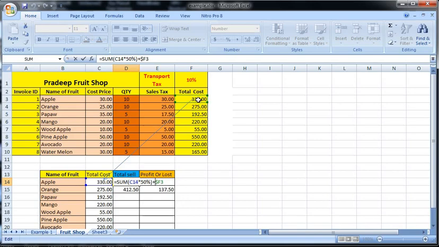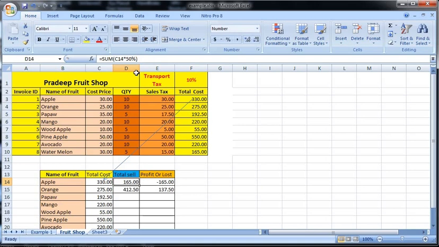So if I delete this and just use only this, I should get 165 rupees without my total cost. So I have only now earned 165 rupees.